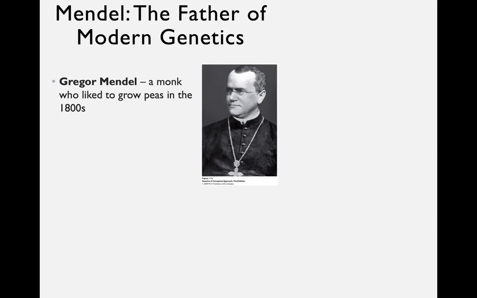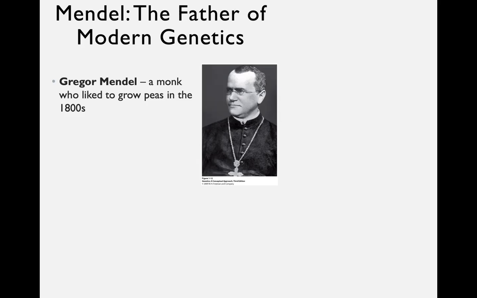I can't remember off the top of my head, who liked to grow peas. And he was around in the mid 1800s. His work with pea plants is what led to our understanding of modern genetics, even though he had no idea what a chromosome was. He just crossed all these pea plants and saw what happened and figured out the basics of genetics from that.